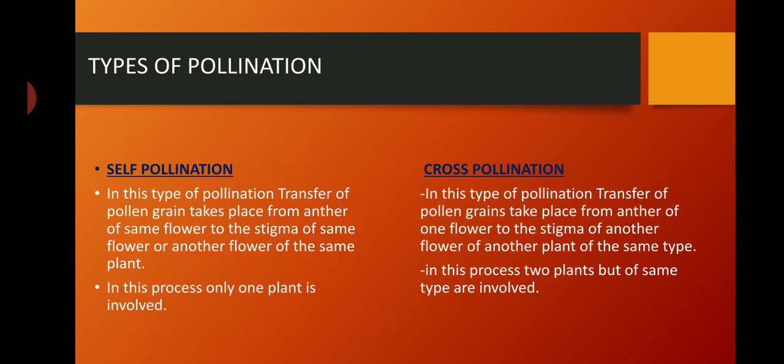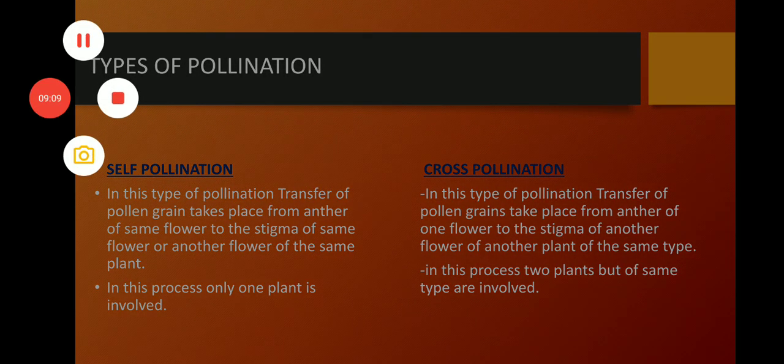Are you understanding? In self-pollination, either one flower will be involved, in which the transfer of pollen grain will take place from anther to the stigma, or two flowers of the same plant will be involved. This is also called self-pollination. In this process, only one plant is involved. Alright, in self-pollination, how many plants are involved? Only one plant is involved.